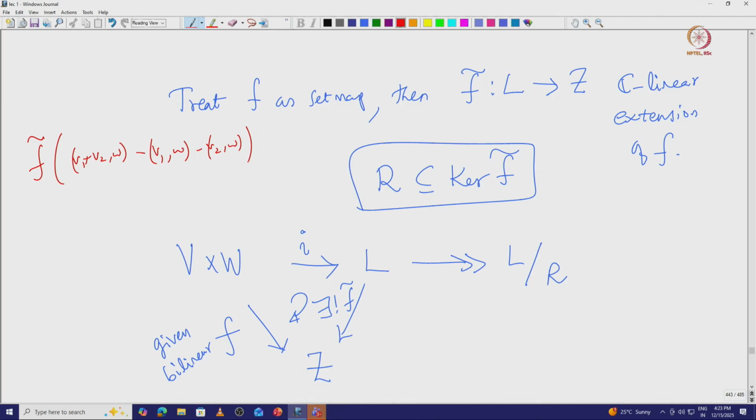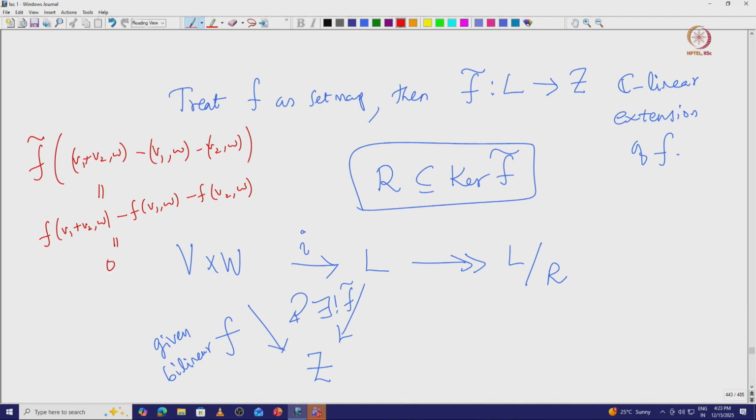This is an element in the free vector space L, and since F tilde is the linear extension of F, this is going to give us F of (V1 plus V2, W) minus F of (V1, W) minus F of (V2, W). But note that F is bilinear, so this is exactly 0.